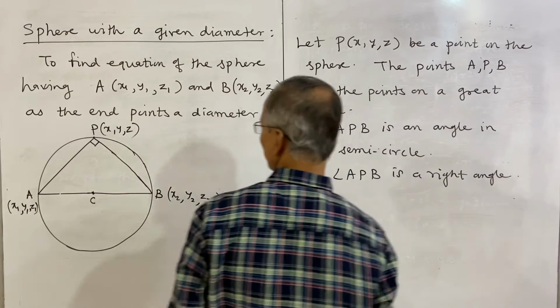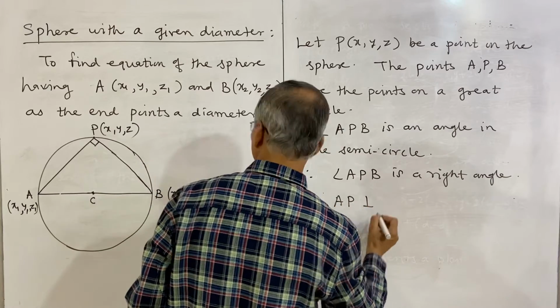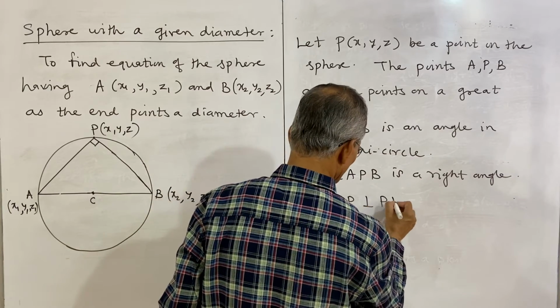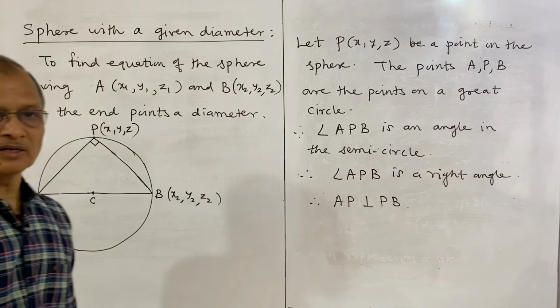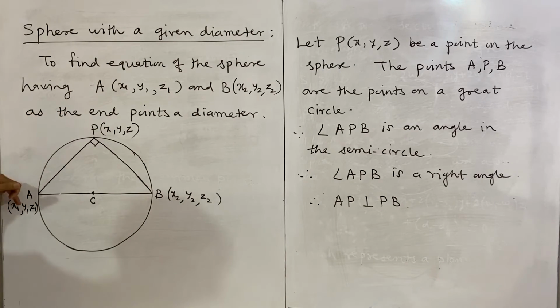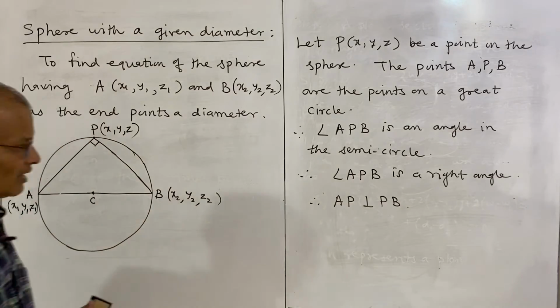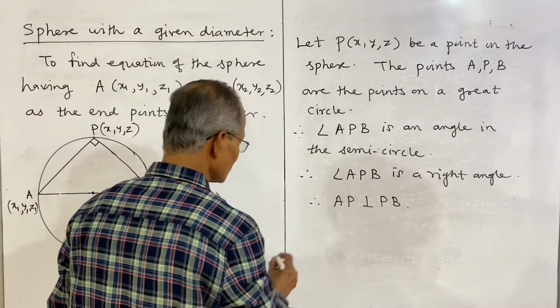That means AP is perpendicular to PB. Now we will use the condition of perpendicularity. We will write the direction ratios of AP and PB.